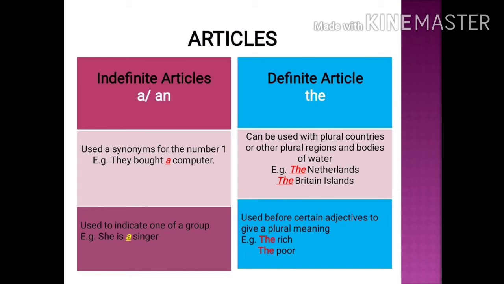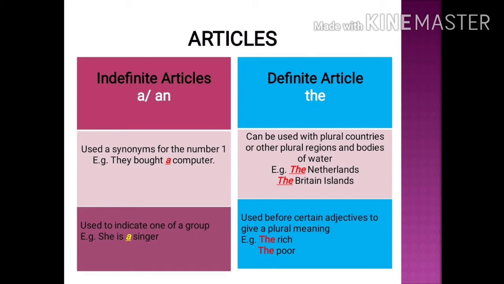Look at the examples given here. The rich. Rich is an adjective. When I use the in front of it, it gives the plural meaning, the rich people. The word poor is an adjective. When I use the in front of it, it gives the plural meaning, the poor people.